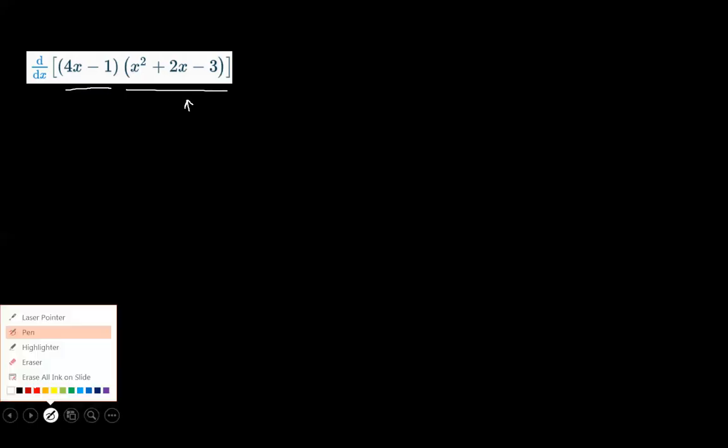If both were binomials, then we could just use the FOIL method. However, this is not a binomial; rather, it is a trinomial. So what are we going to do? We're going to manually expand them.